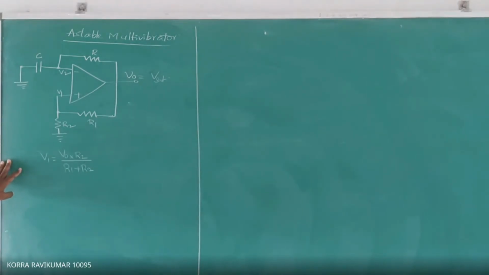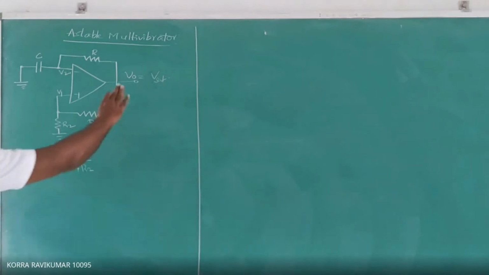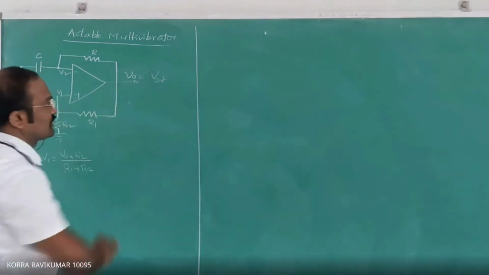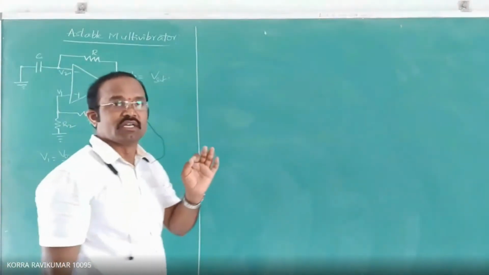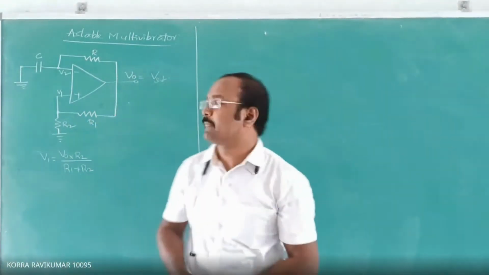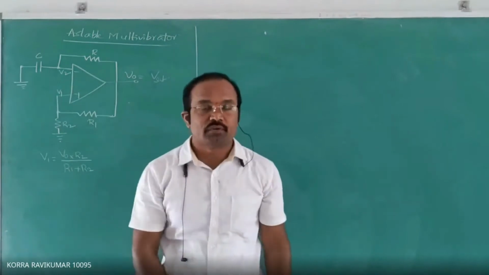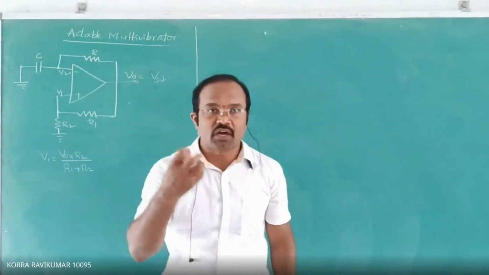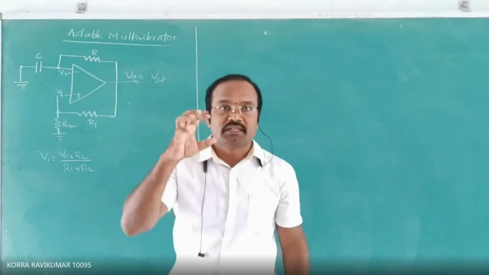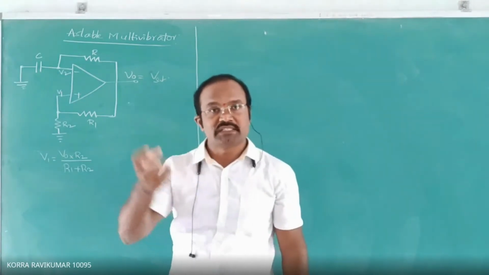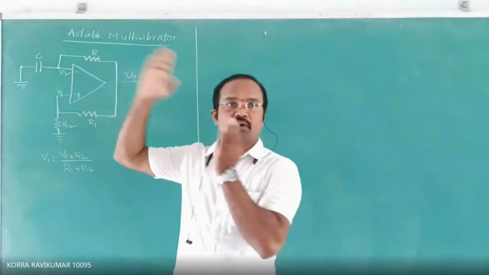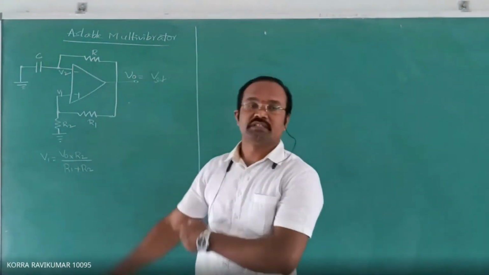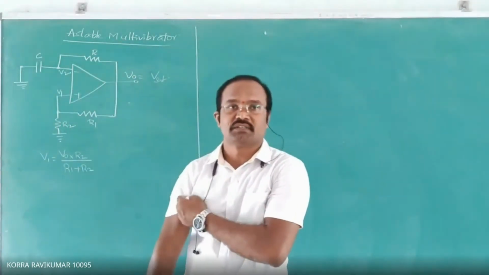But here we know that V naught is equal to V saturation. How did you get this? You got V naught equal to V saturation just because of the op amp, 741 op amp. Internally it has an offset voltage. That minute offset voltage gets amplified by this op amp and it produces the output V naught equal to V saturation.